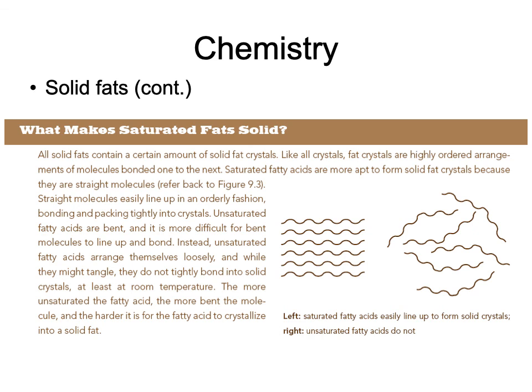So this is a little description about the fat crystals in solid fats. One of the most resilient ones is in chocolate. Chocolate has 6 different crystals in it, a very complex fat crystalline structure, and each one of those crystals melts at a different temperature.